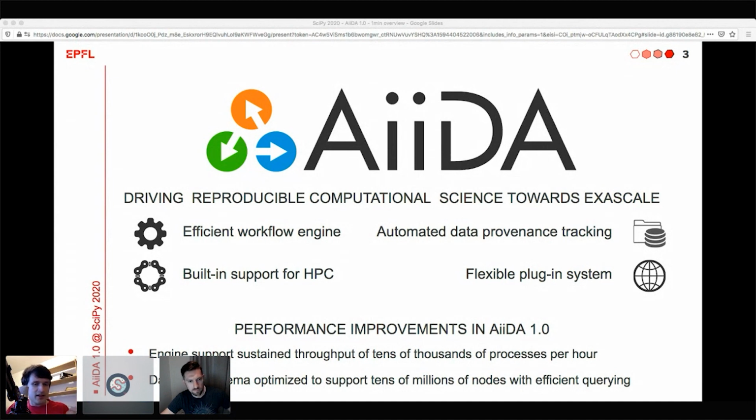What differentiates AiiDA, I think, is this focus on plugins and also building a community to write these plugins. And on the other hand, being really strict about making sure you store all information that is necessary to reproduce your calculations 5 years down the line.